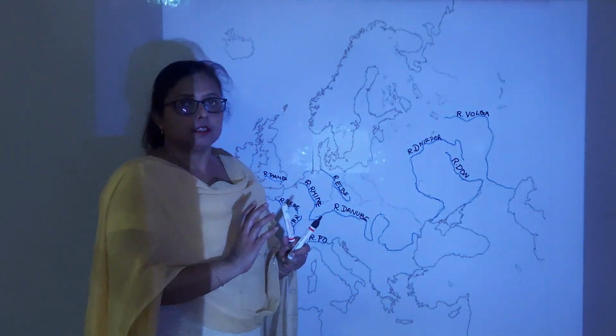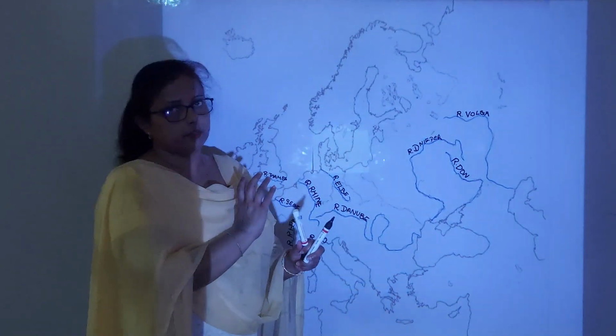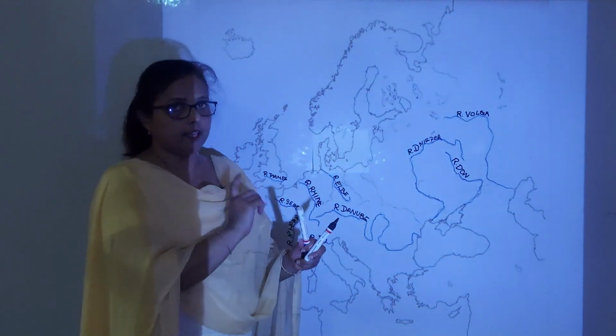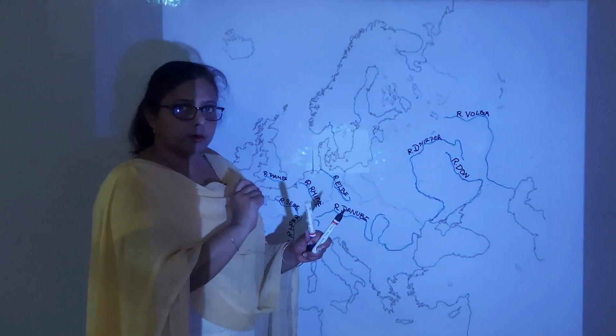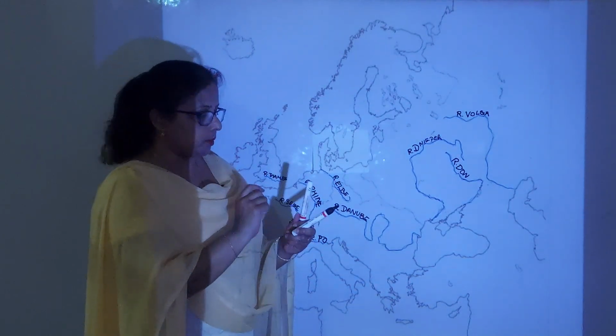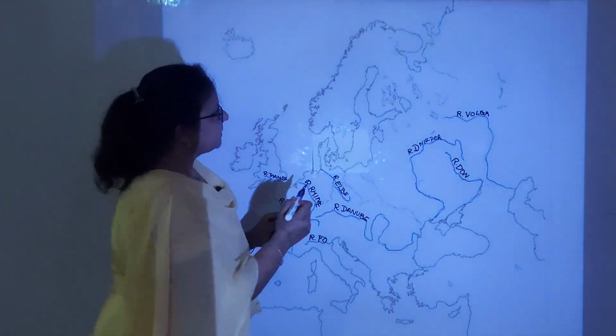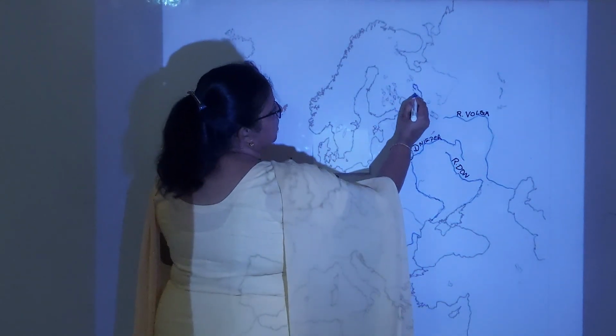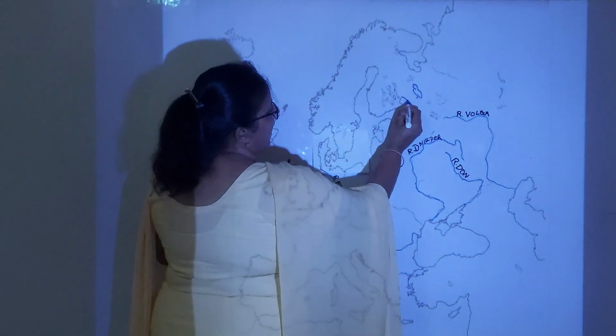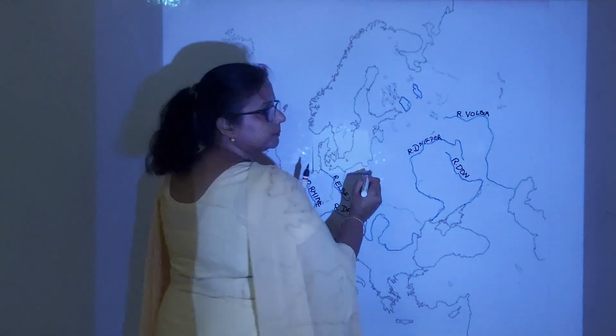These are the most important rivers which you are supposed to mark in the map of Europe. Two more water bodies which you are supposed to learn is this Lake Onega and Lake Ladoga.